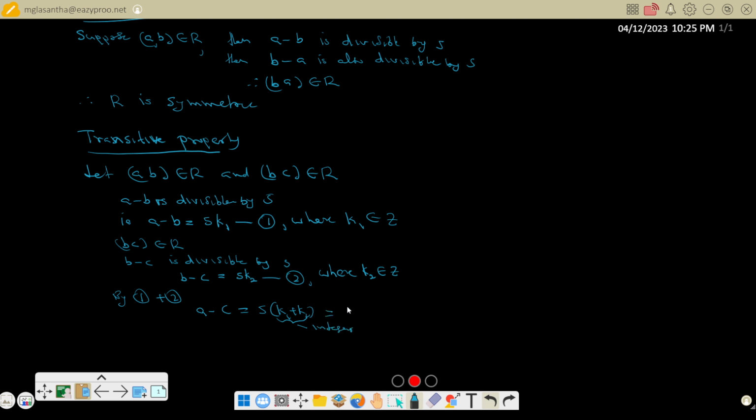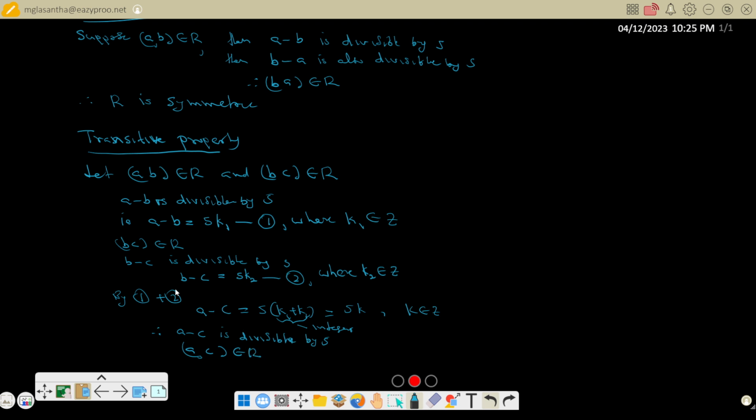So it equals 5k, where k belongs to Z, because k1 is an integer, k2 is also an integer, then k1 plus k2 is also an integer. Okay. This means a minus c is divisible by 5.